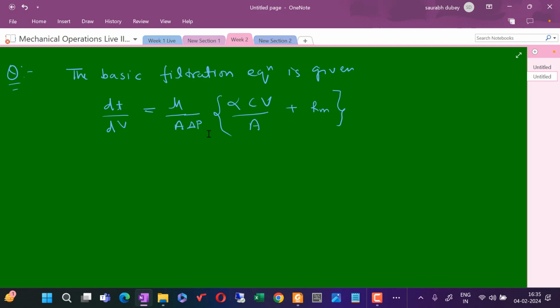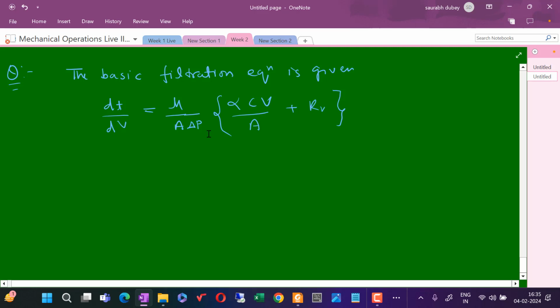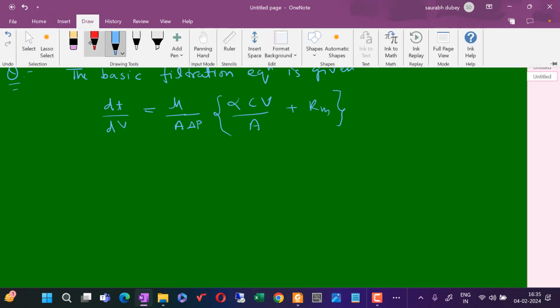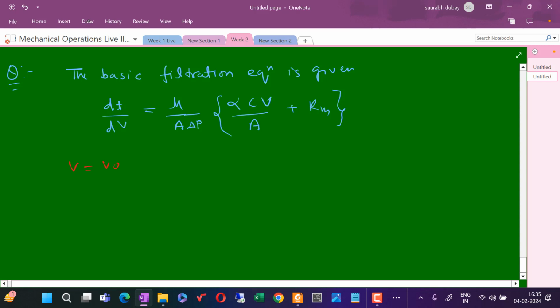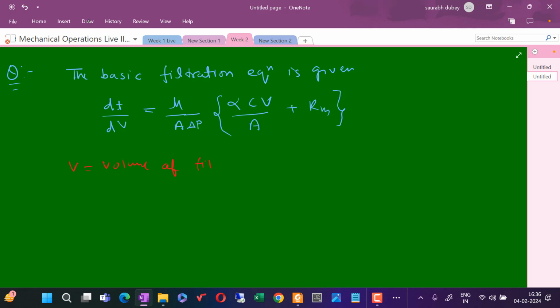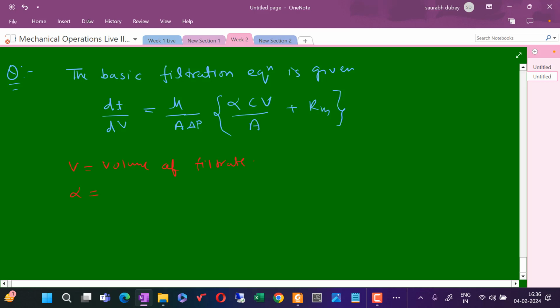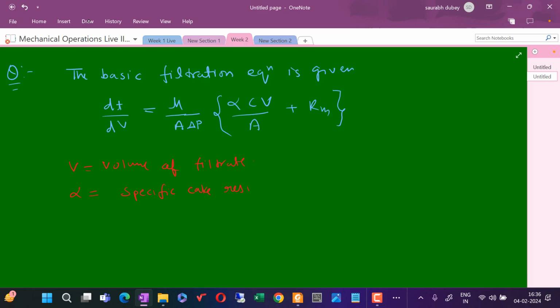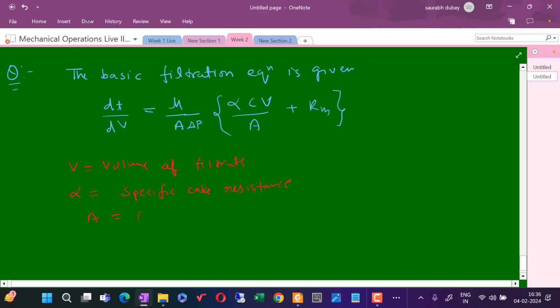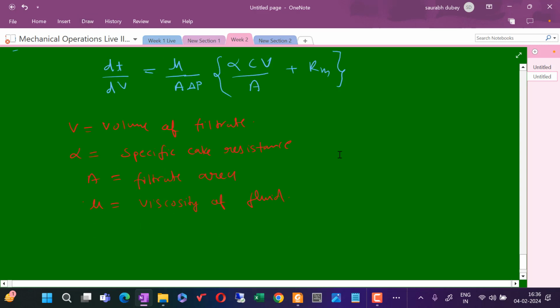This rm is the filter medium resistance. Here v is the volume of filtrate, alpha is specific cake resistance, a is filtrate area, and mu is viscosity of fluid.